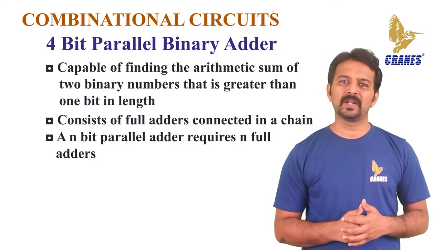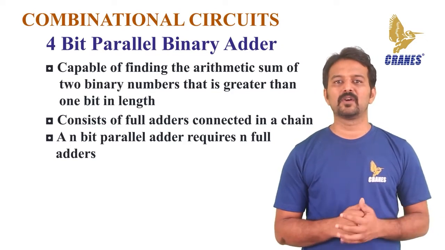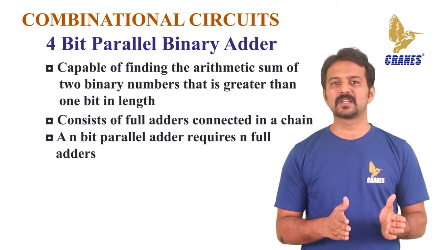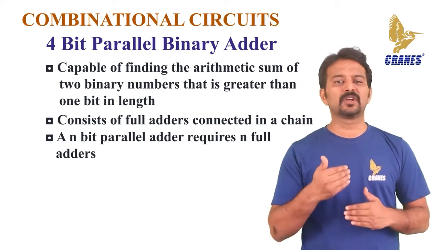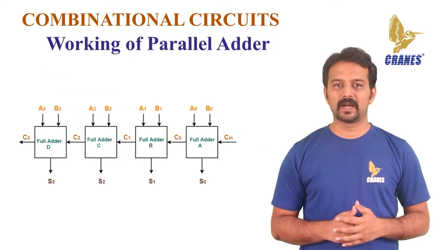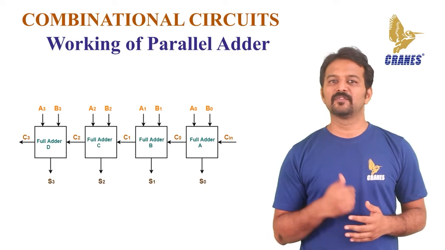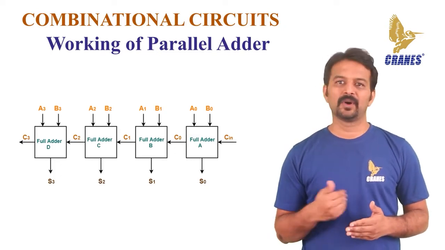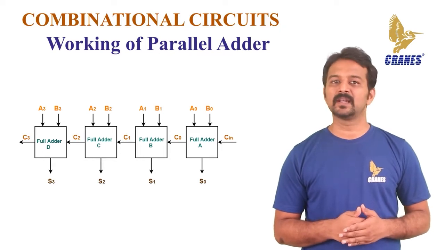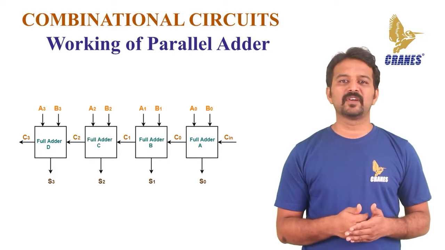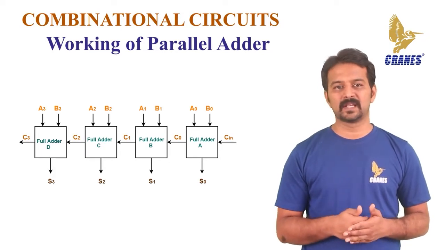Parallel adders normally incorporate carry look-ahead logic to ensure that the carry propagation between the subsequent stages of the addition does not limit the addition speed. Let's look at the working of a parallel adder. As we can see, firstly the full adder FAA adds A0 and B0 along with the carry, that is Cin, to generate the sum S0 and the carry C1, which is connected to the next adder in the chain.